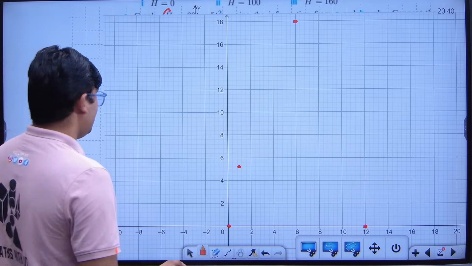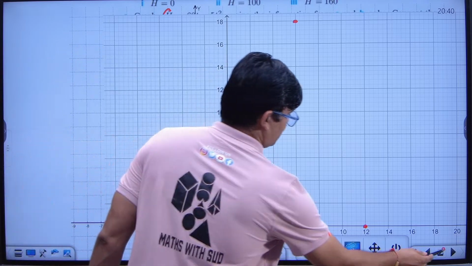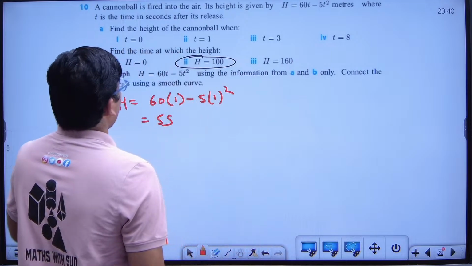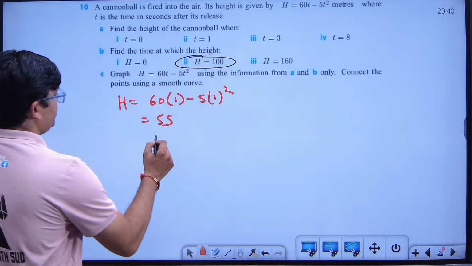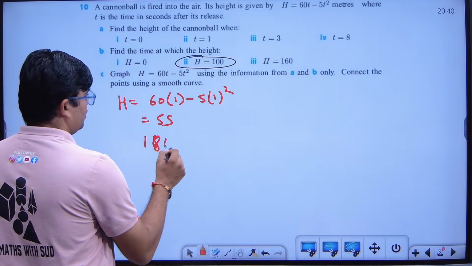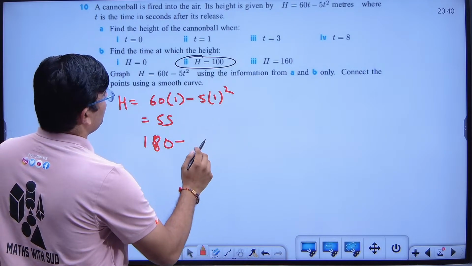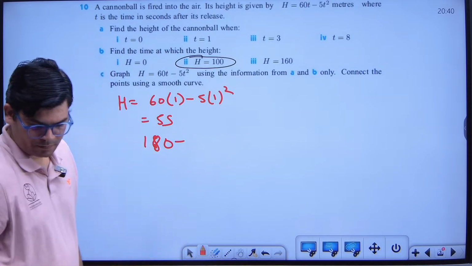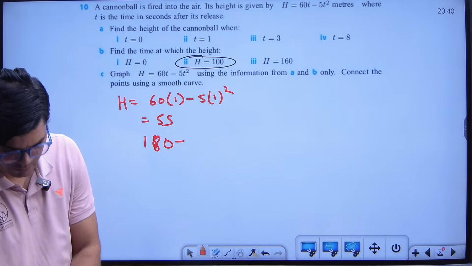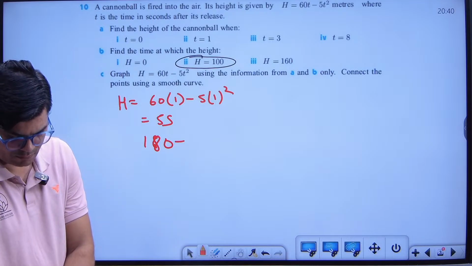Okay, so the next number is when you take t is equal to 3, 60 into 3 was 180 minus 45, I think. So it would be 135.